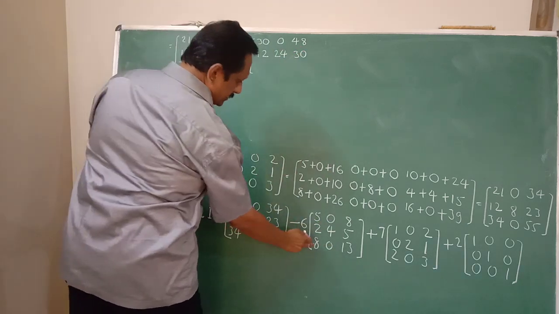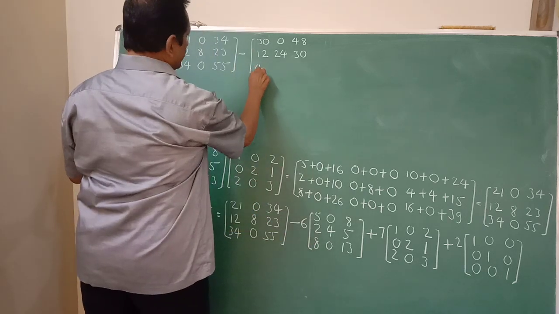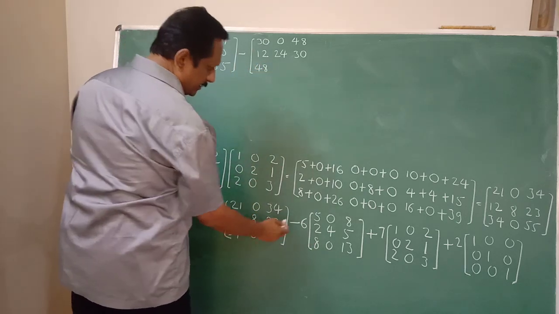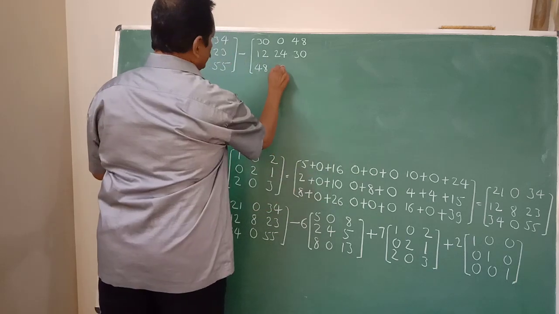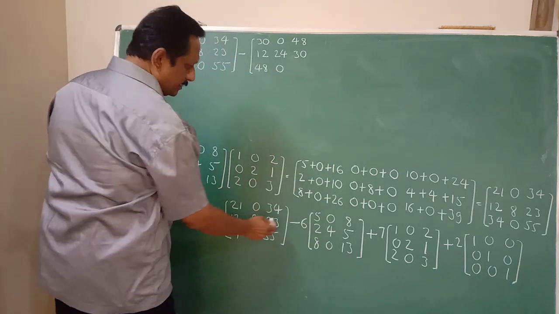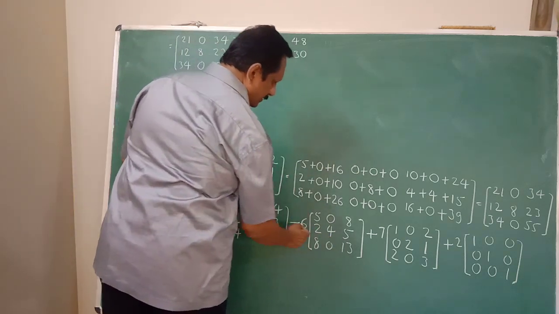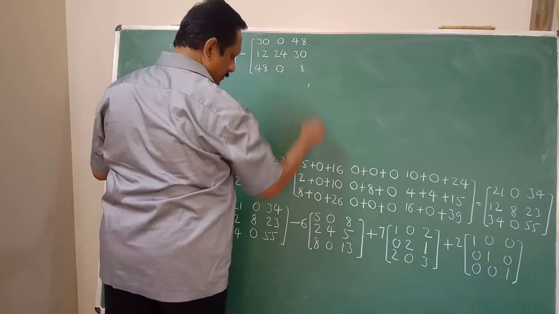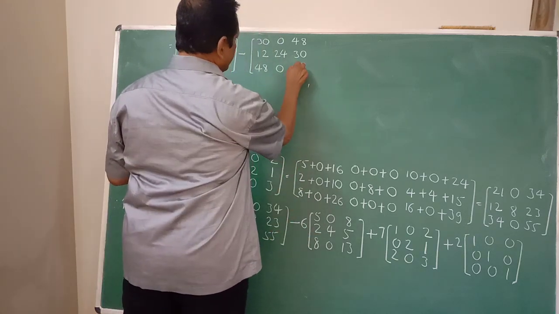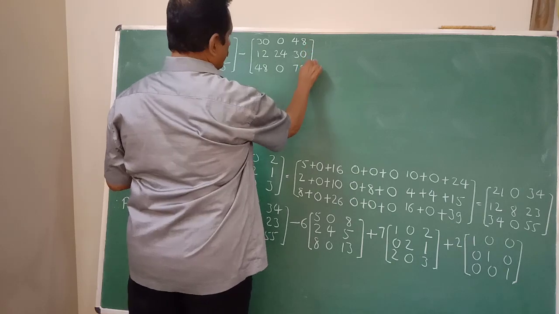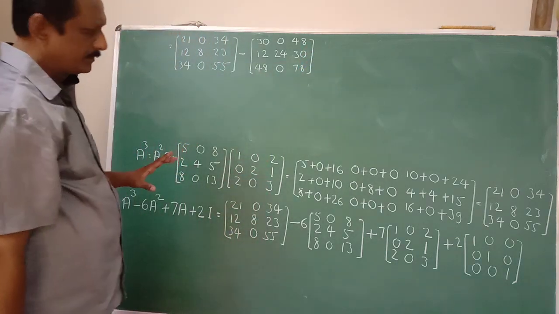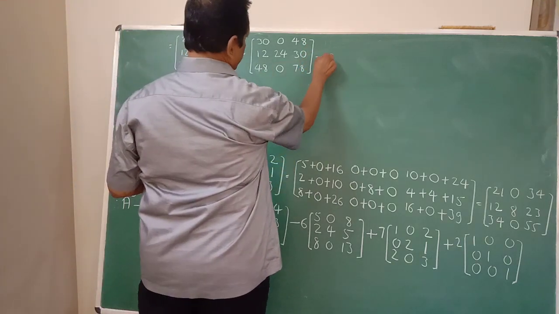Then 8 6s are 48 here. Plus 48. Then 6 into 0 becomes 0. So right here 0. So 13 into 6 here. 78 here. It is 78. Then a plus.